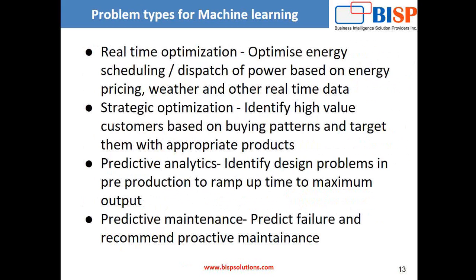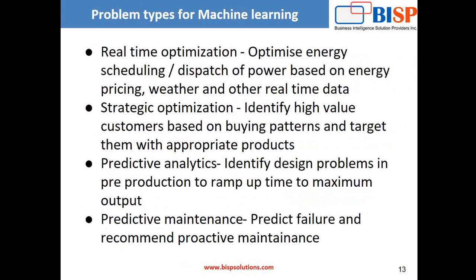Real-time optimization. As an example, if I want to optimize the energy flow from a power plant based on energy pricing, weather, and other real-time data, I can optimize based on what I have learned. Again, optimization is a performance measure, and the task is delivering the energy to the homes or industries.